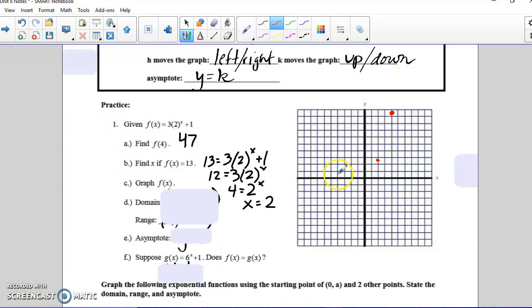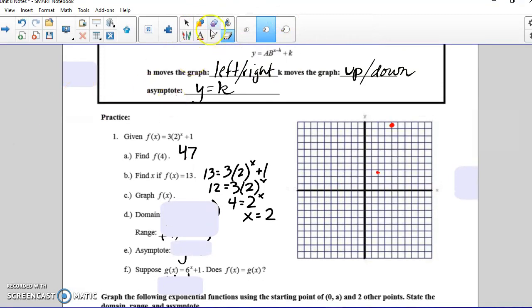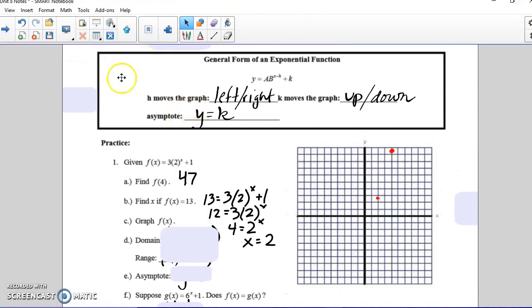Because I know that this is exponential growth, actually, before I do that, I'm going to use my knowledge of what I've been doing and look back up here at the general form of an exponential function. So h, do I have an h in this example? No, I don't.